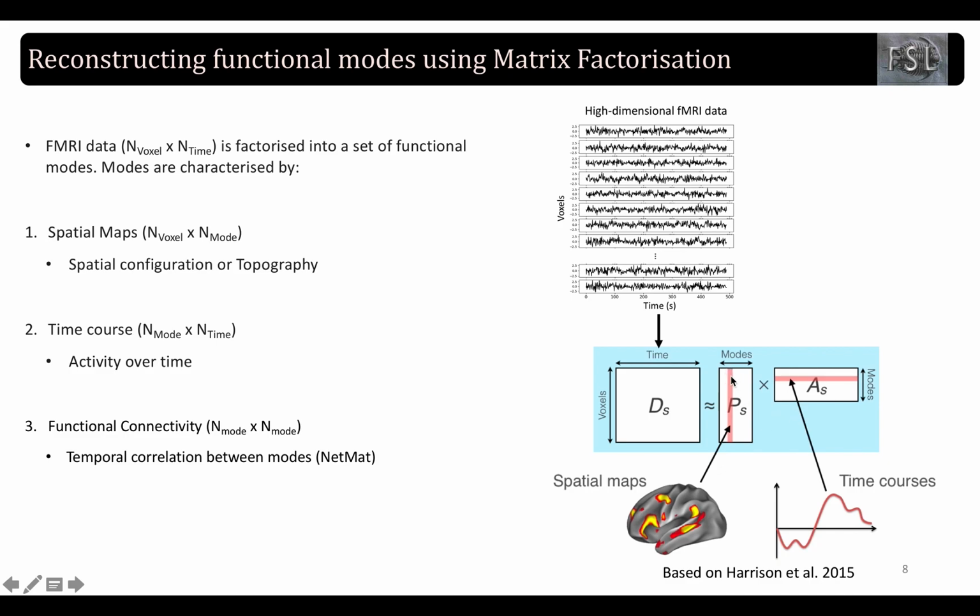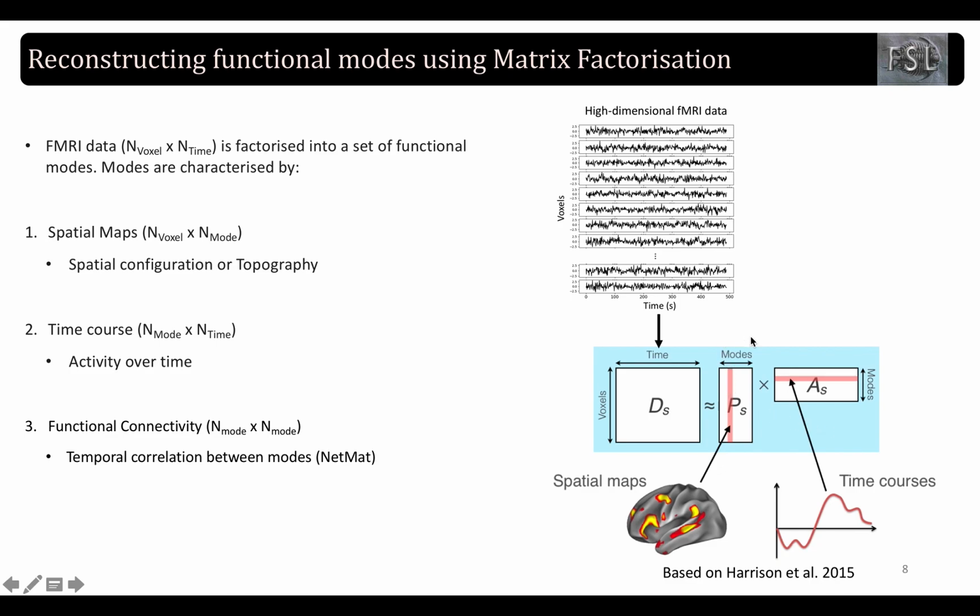So the spatial topographies of the modes across the brain voxels is captured by matrix P, which we also refer to as a spatial map matrix, and the time courses by matrix A. We can also find the temporal correlations between the functional modes and estimate the functional connectivity matrix.